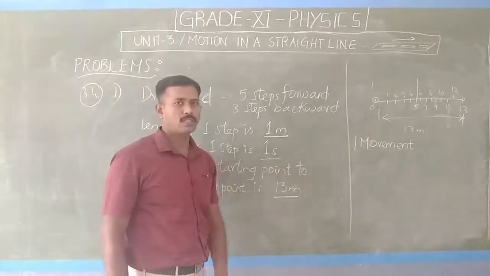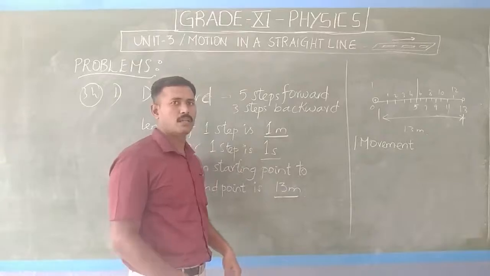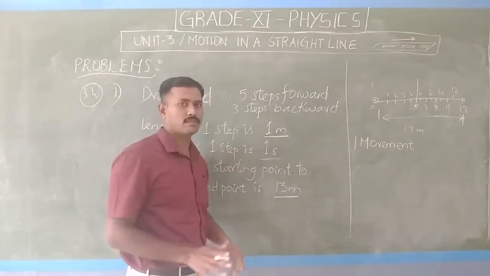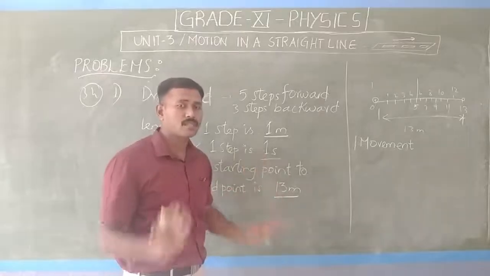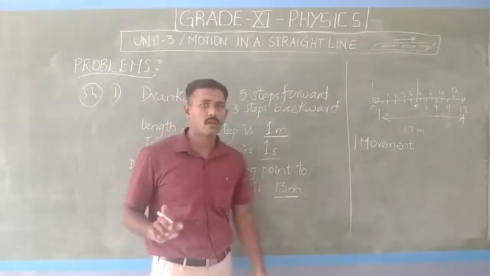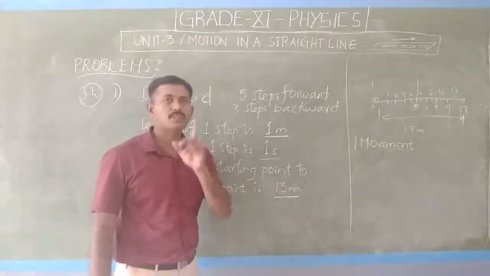How many steps? Totally 5 forward, 3 backward, totally 8 steps. Do not consider the direction here; consider the total number of steps. This is like path length, not displacement, because in displacement you would consider the sign. The time taken for one step is 1 second.